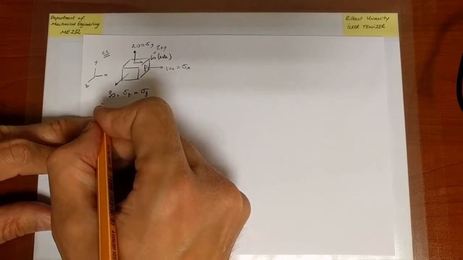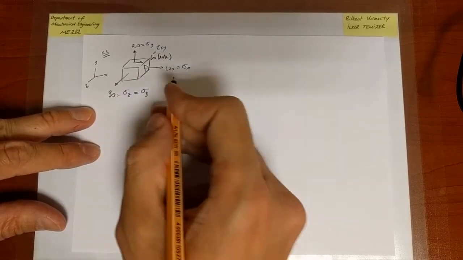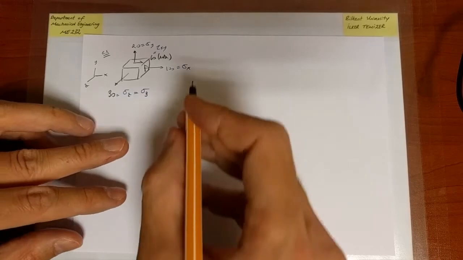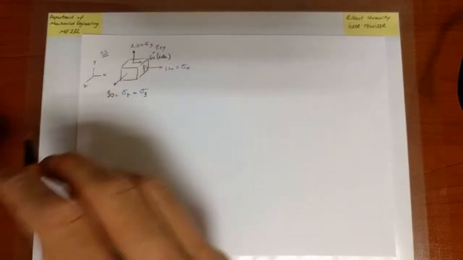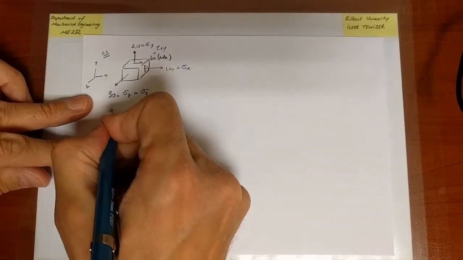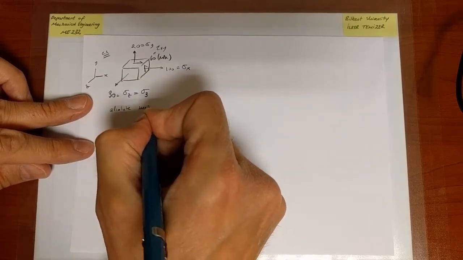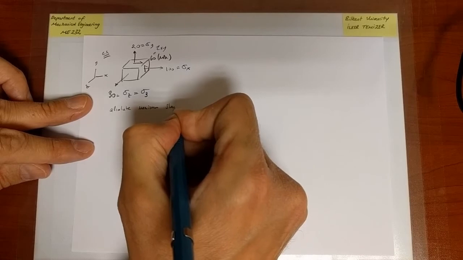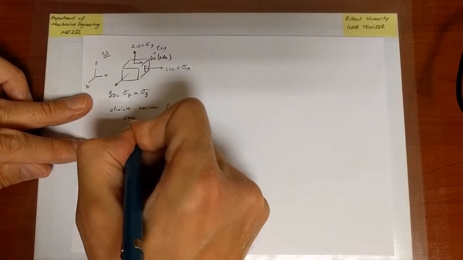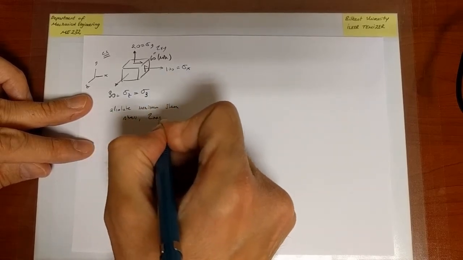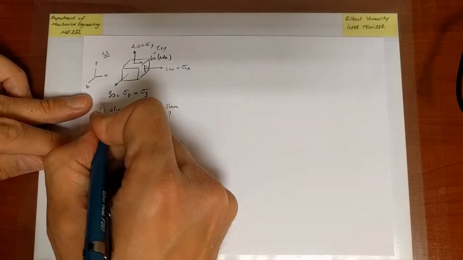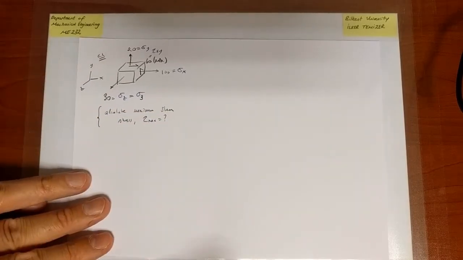So it's a state of generalized plane stress. And what I'd like to do is find the absolute maximum shear stress in this problem. Okay, so that's the question that we'd like to answer.